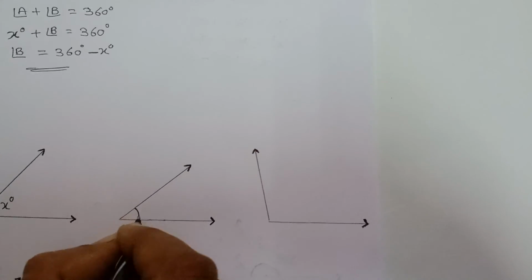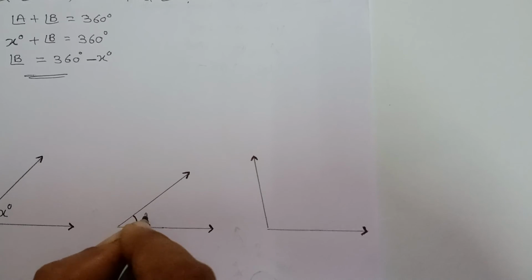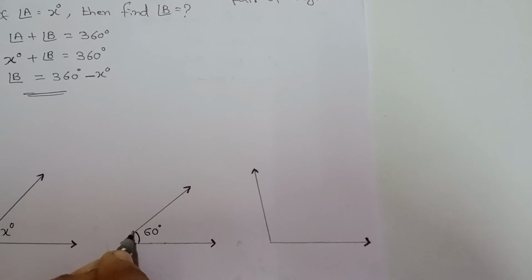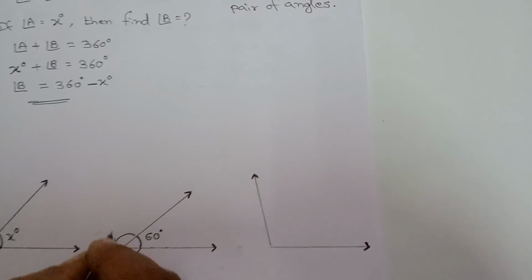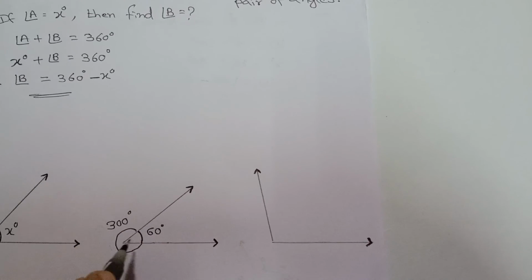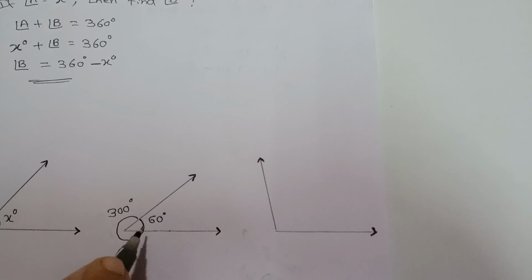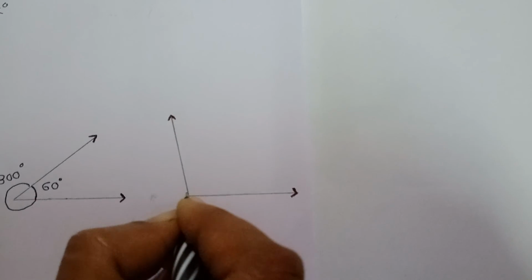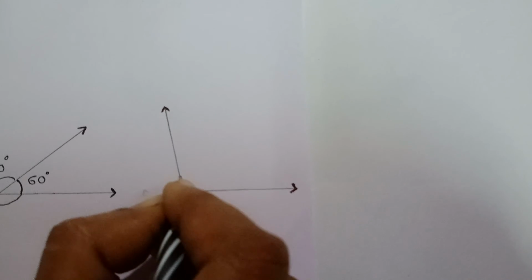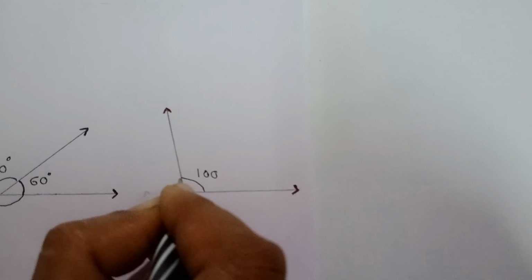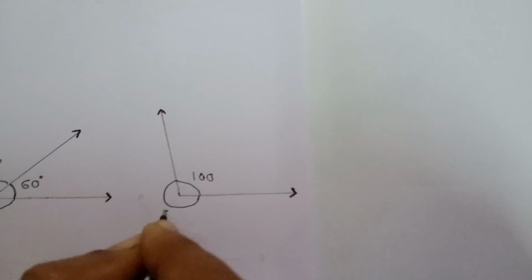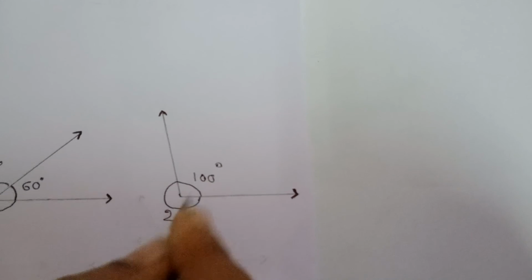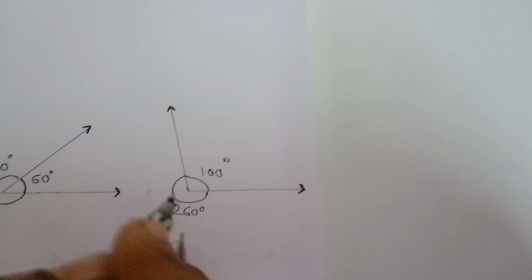If this angle we take 60 degrees, here angle value 300 degrees. Why? Because 360 conjugate pair of angles. We take 100 degrees, this is 260 degrees. 260 degrees and 100 degrees angles are conjugate pair of angles.